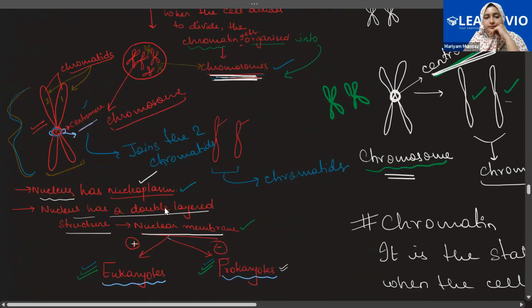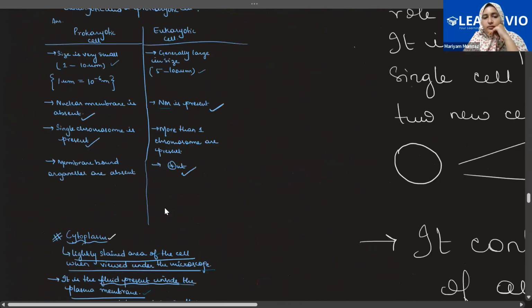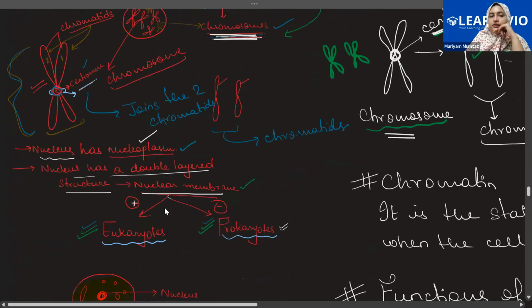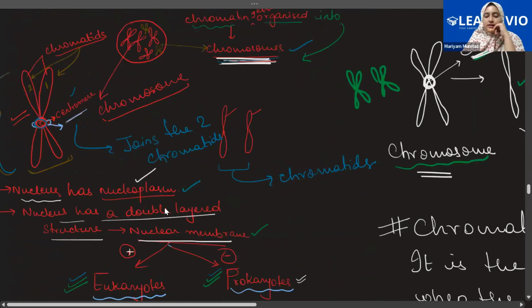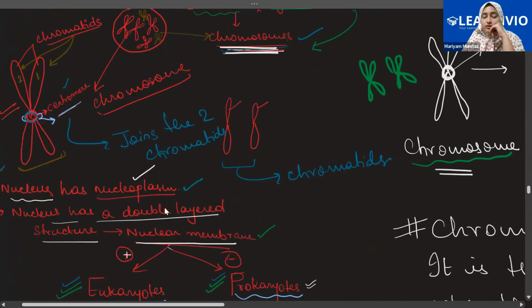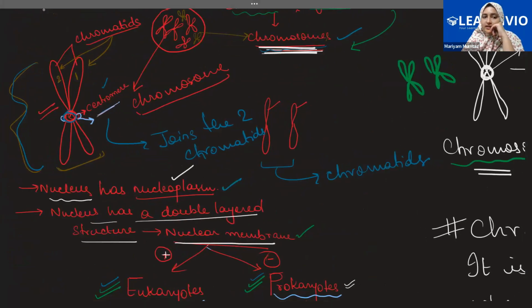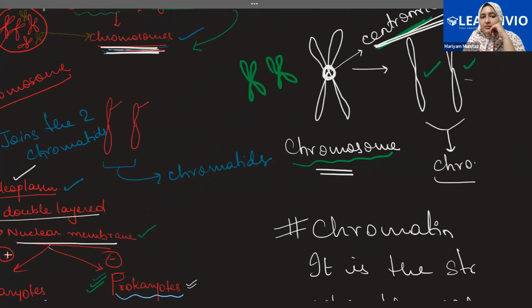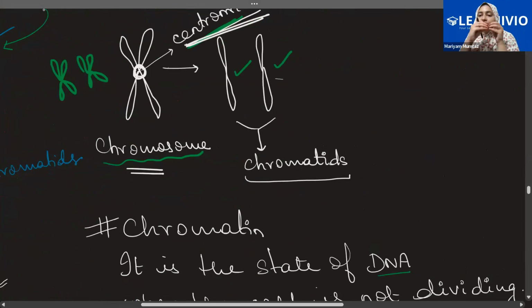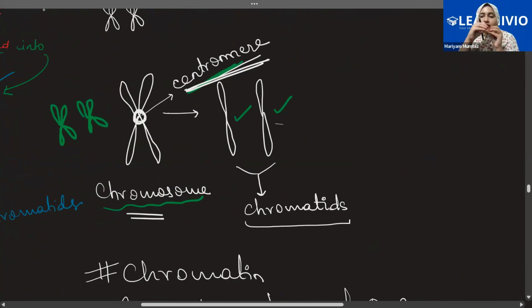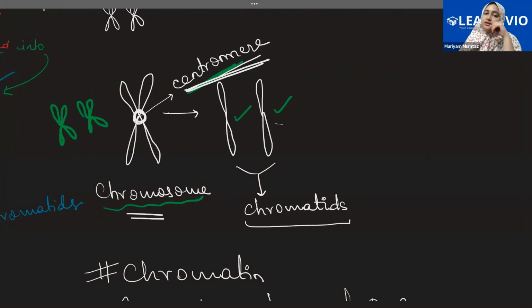Now see this thing. When we talk about the structure of the nucleus, we see that one chromosome is made up of two chromatids, and they are joined together at the center with the help of the centromere. If you separate the chromatids, they would look like this.